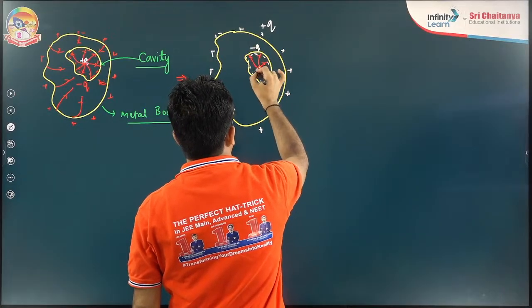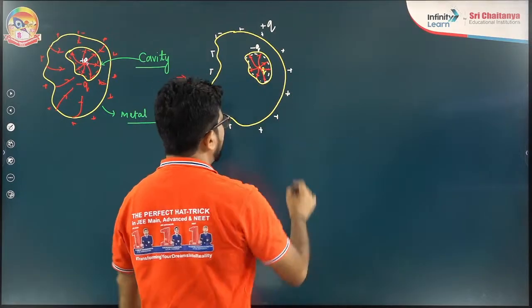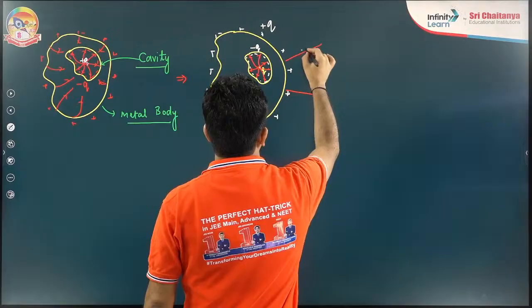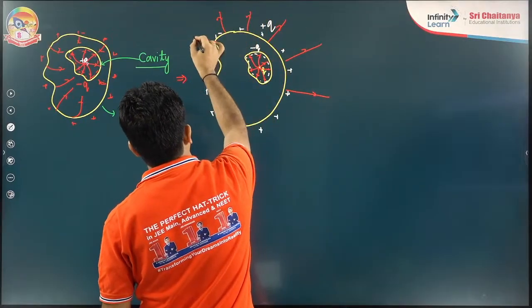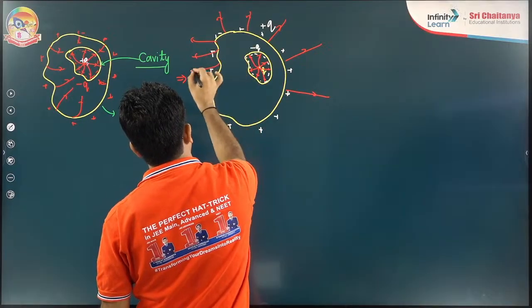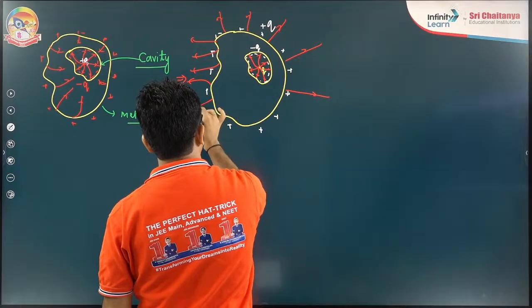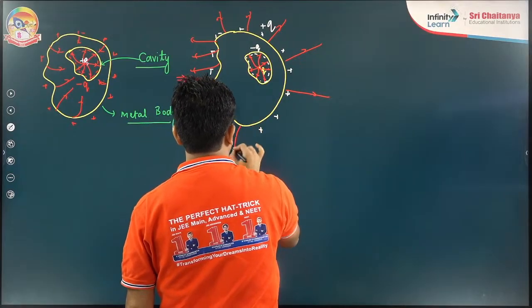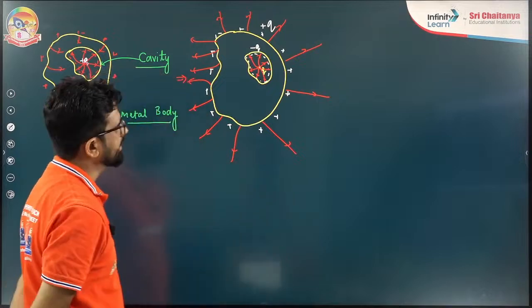Now try to understand. I am drawing the field lines, beta. This is the electric field line I am drawing.